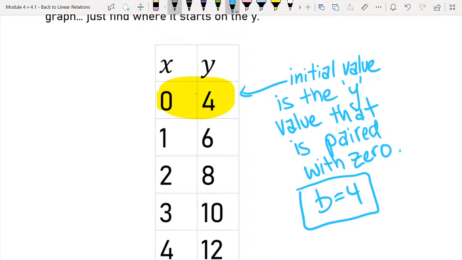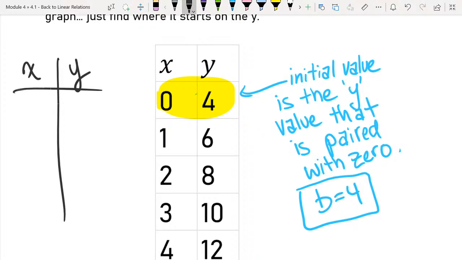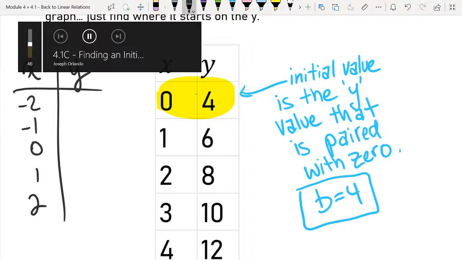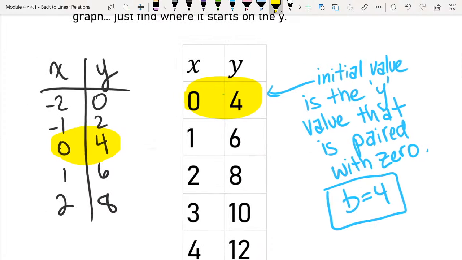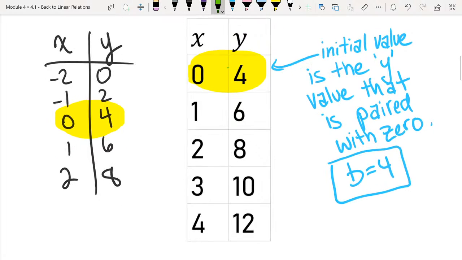Just so you know, most tables you'll see in grade 9 start at 0, but they don't have to. This could have said, what are we going by, 2's here? This could have said -2, -1, 0, 1, 2, and this could have been 0, 2, 4, 6, 8, like this. This is the exact same relationship. So the table doesn't have to start at 0.